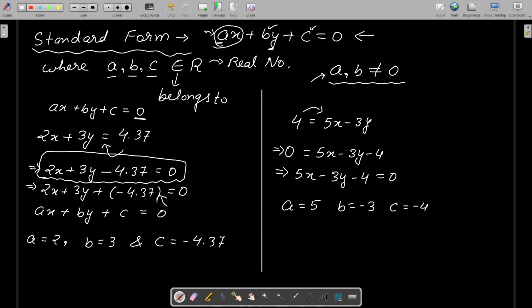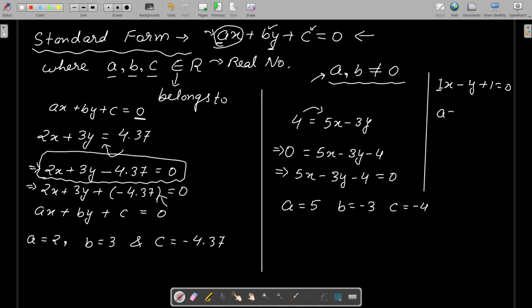One more example I'll take and then we'll move on to the next part. If somewhere you have found a question written like this, x minus y plus 1 is equal to 0, and the question says write down the values of a, b and c. Over here nothing is written, so when nothing is written we consider 1 as the coefficient.